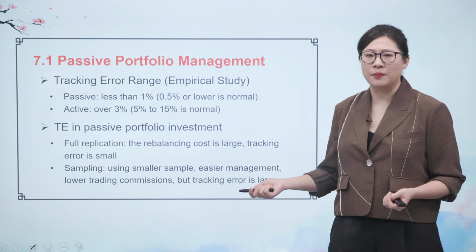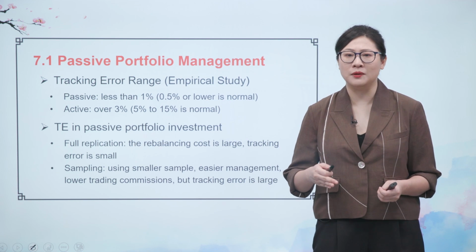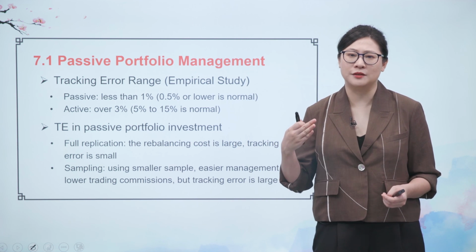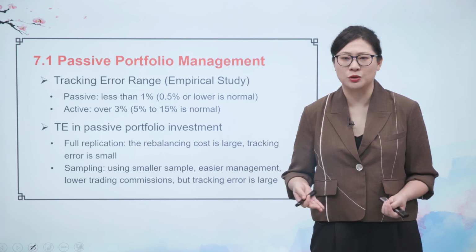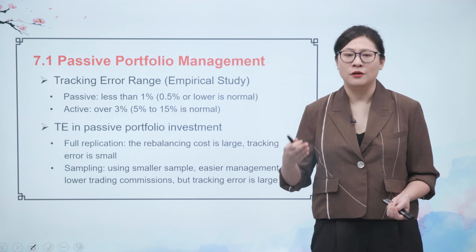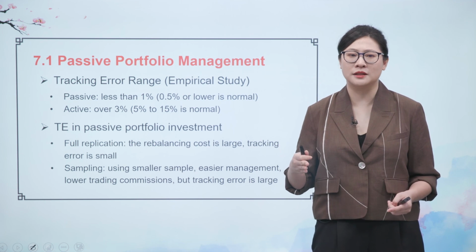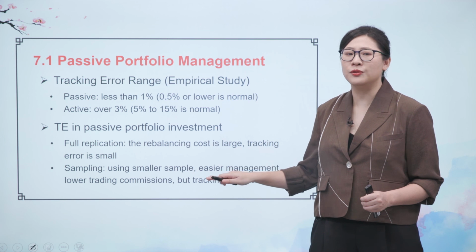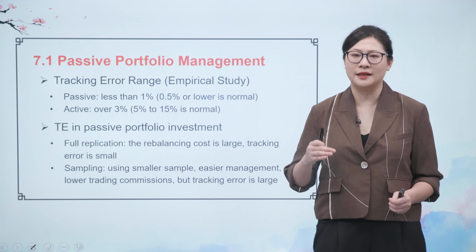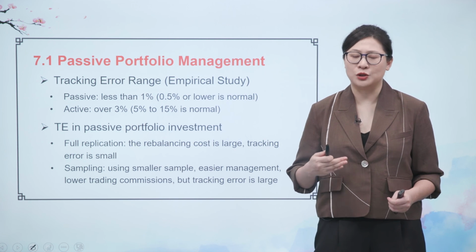And for sampling, in this S&P 500, if you are doing sampling, you might choose 100 stocks from these 500 stocks, based on your strategy. For example, if you are based on market capitalization, you choose the 100 largest market capitalization stocks in your portfolio. If you're using this smaller sample, it is easy to manage, less time consuming for you, and has lower trading commission.